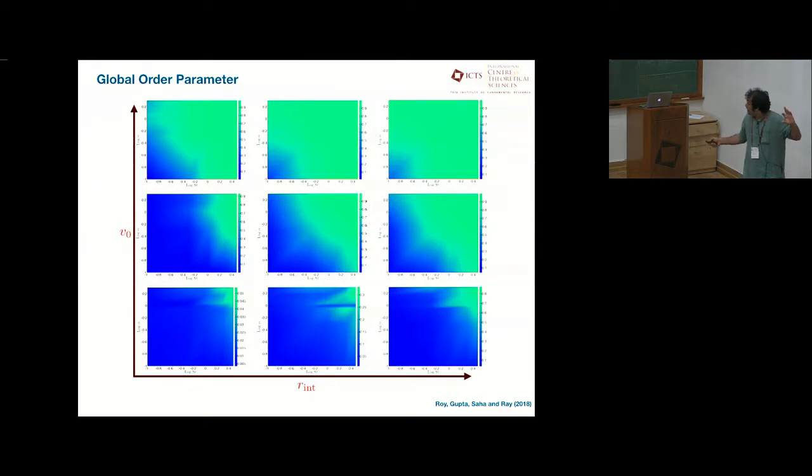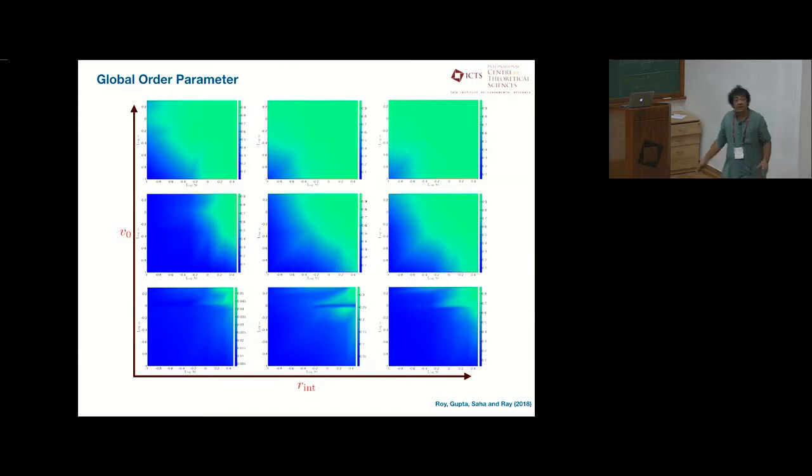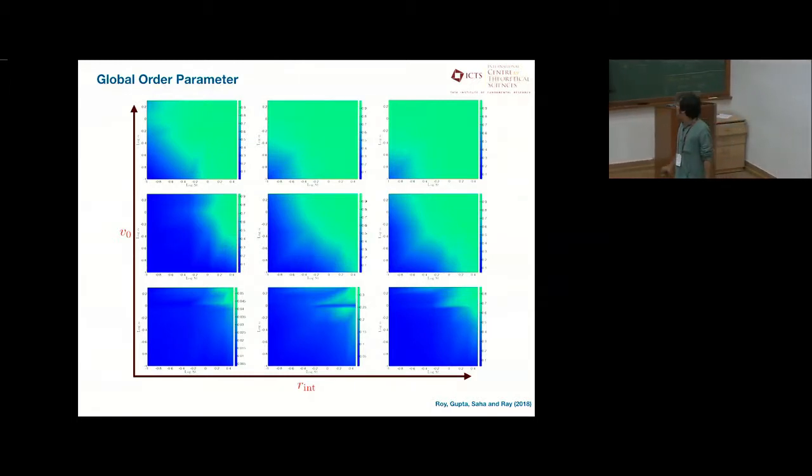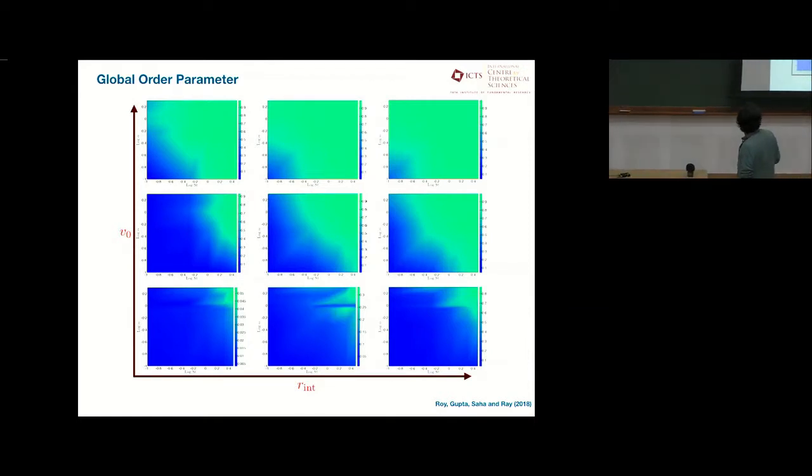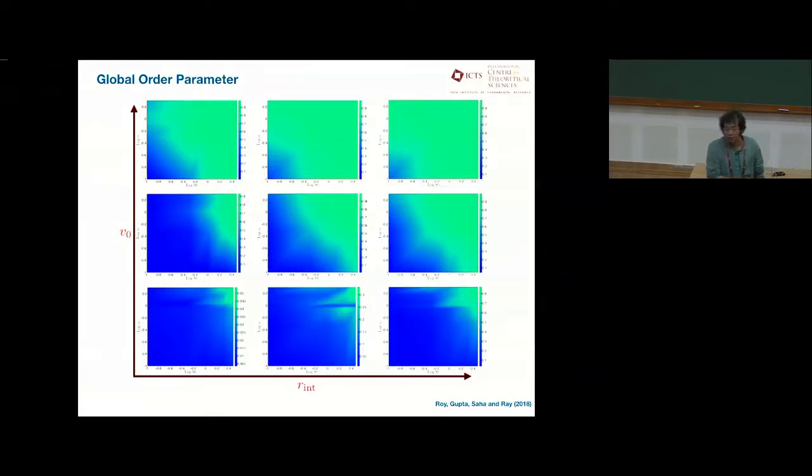Each of these snapshots is done for different radii of interaction, all right? And here I'm increasing the self-propelled part of the velocity. So what you see is that you can begin in some corner of this diagram where blue is basically 0, so there is no correlated motion.